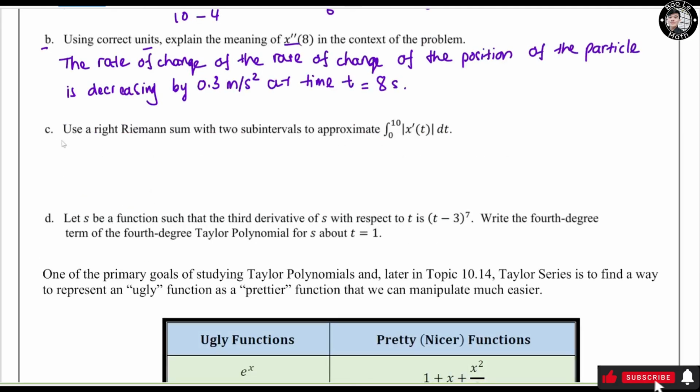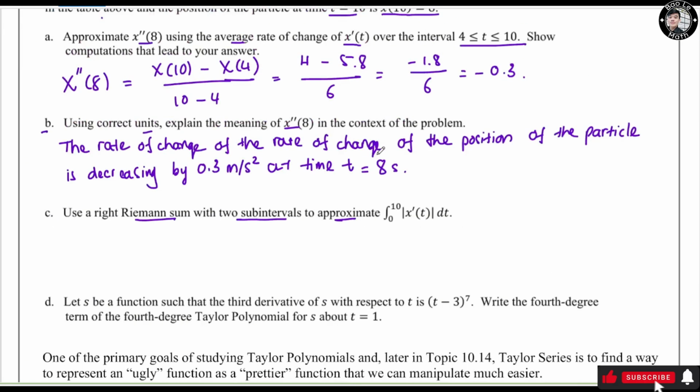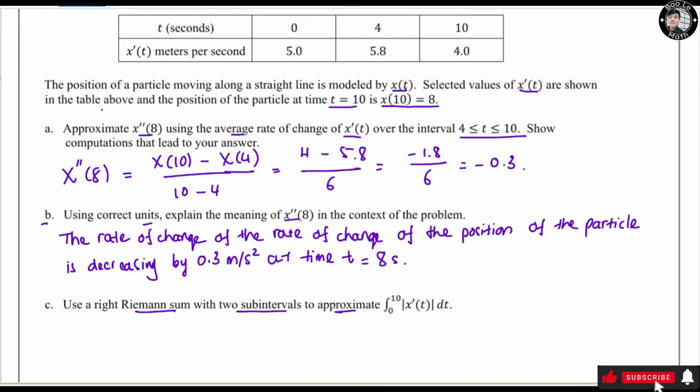Now question C. Use a right Riemann sum with two subintervals to approximate the integral from 0 to 10 of the absolute value of s prime of t dt. So basically we just calculate the area. Now we need to find the width. From 0 to 4 the width is 4, from 4 to 10 the width is 6. Now the height, since this one is the right Riemann sum, the height is right here, 5.8 and 4.